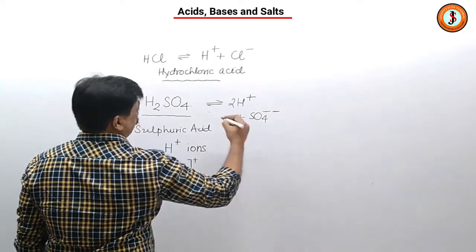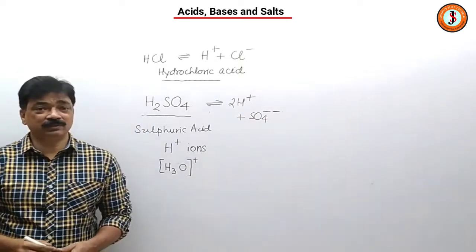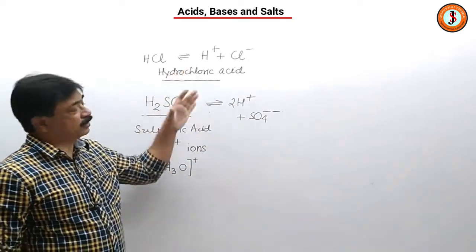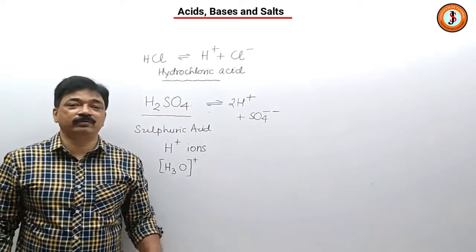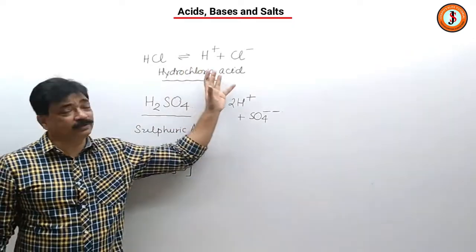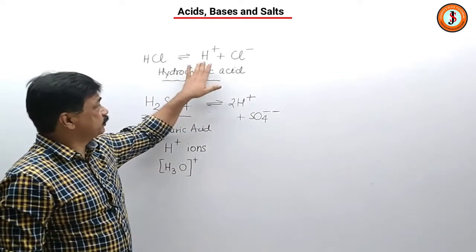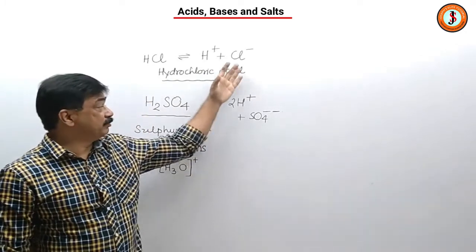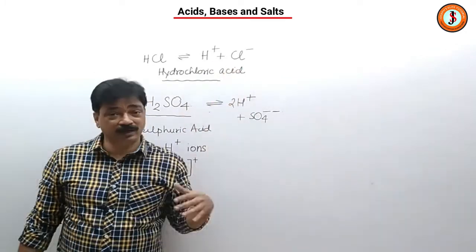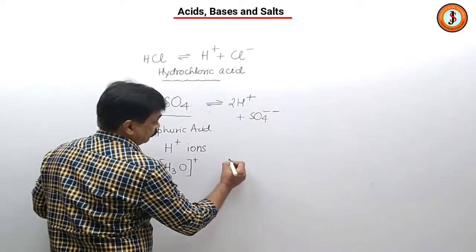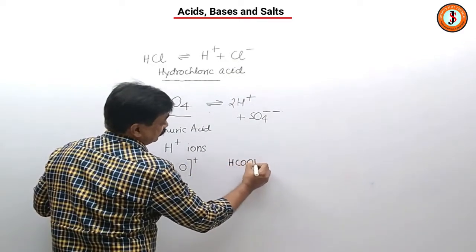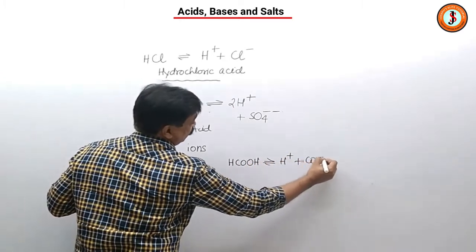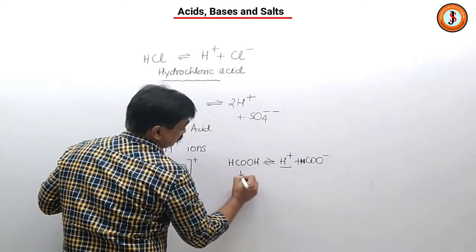When an acid dissociates, the positive ion is the hydrogen ion, which later goes and sits on a water molecule and becomes hydronium ion. I am not showing that complex part, but the cation in an acid is always hydrogen ion, and the anion will be different. Here it is sulfate ion, here chloride ion. And formic acid will give H plus and COO minus.